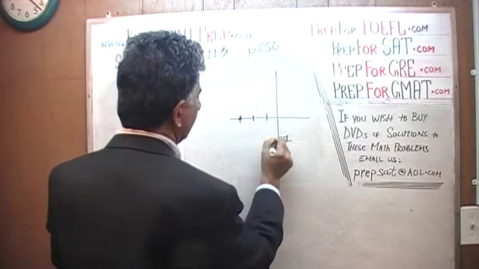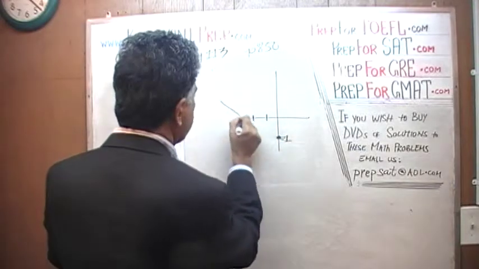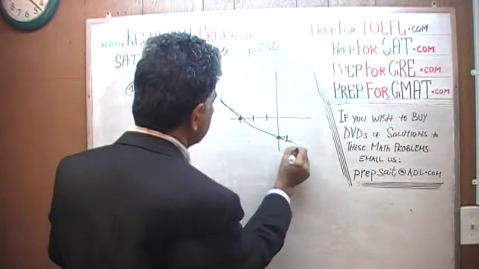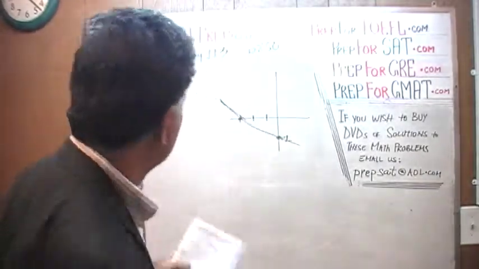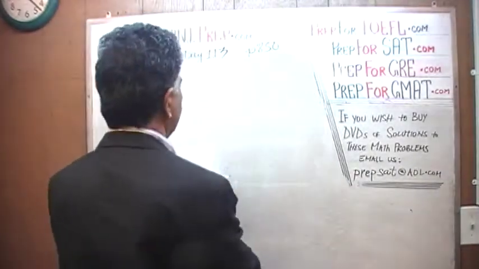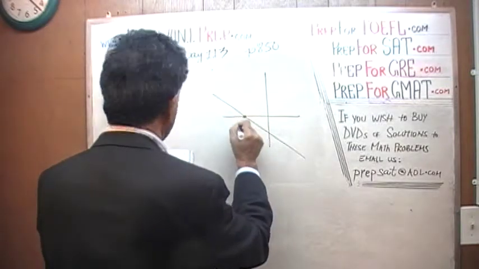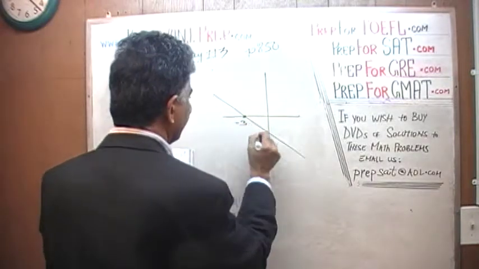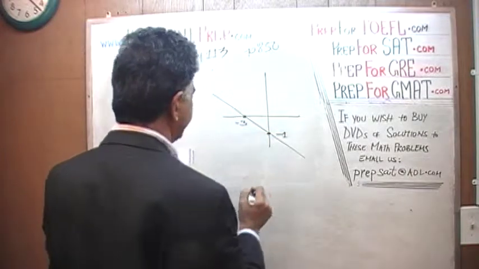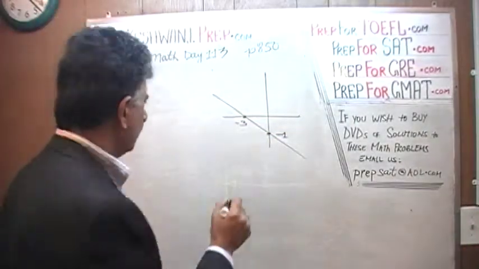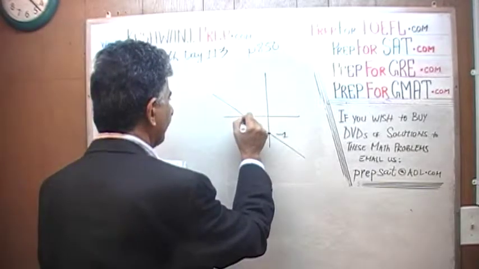Negative 1. Oh, for crying out loud. Oh, that worked for nothing. Negative 3 and negative 1. Let's give these points names so we can talk about them. Let's call them A and B.